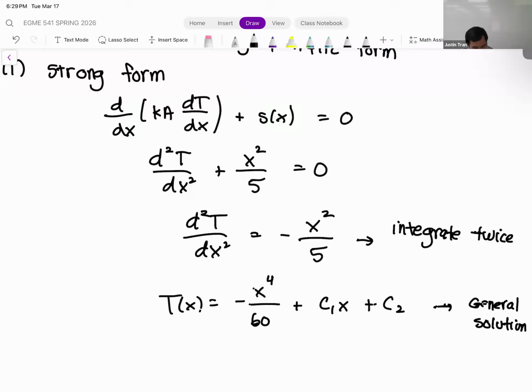And so from here, we are going to apply our boundary conditions because we want to solve for c1, c2.